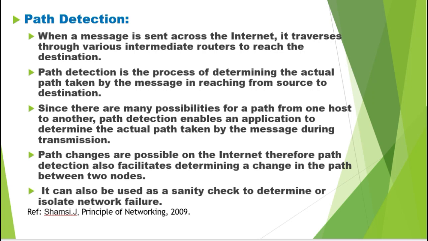Since there are many possibilities for a path from one host to another, path detection enables an application to determine the actual path taken by the message during the transmission. Path detection may also be used to isolate network failure.